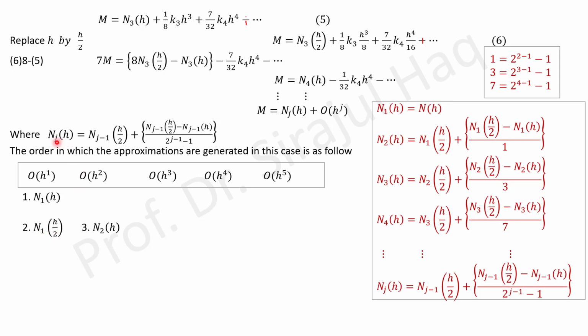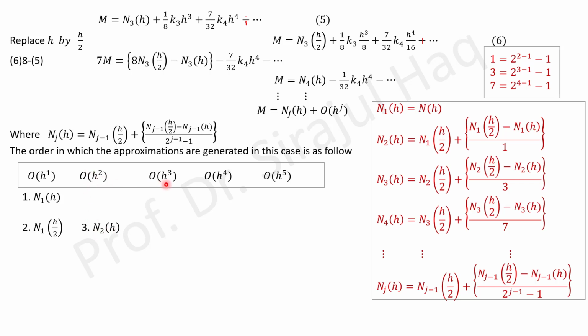So if you replace j by 2, this will become N1 of h divided by 2, which you have computed here, and N1 of h, which you have computed there. So this will be the order. Find out first this one, then finally find out N2 of h. And this N2 of h will be your approximation of M with error of order h square.